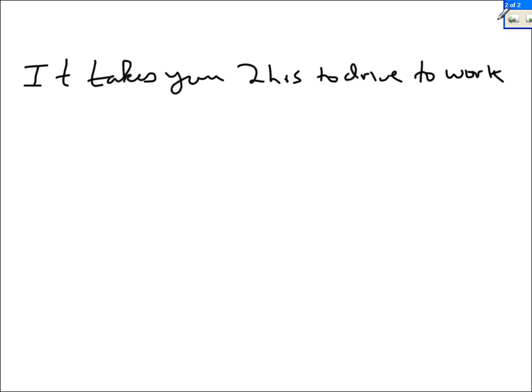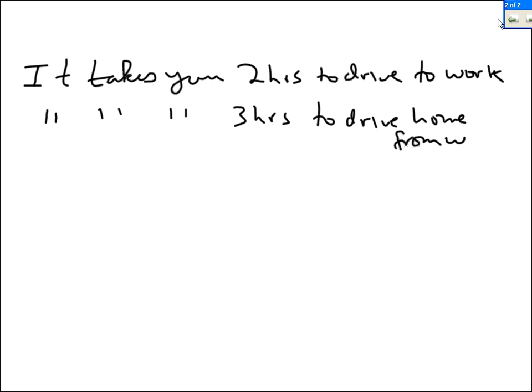And using the same route, it takes you 3 hours to drive home from work. Okay, to save space, I didn't write using the same route. But using the same route, going to work is the same as coming home from work.